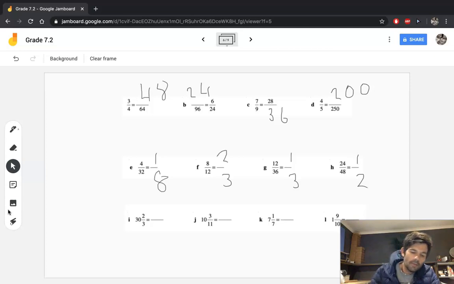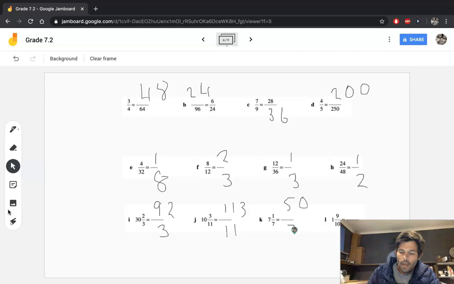So 30 multiplied by 3 is 90, and add the 2 is 92 over 3. 10 multiplied by 11 is 110, plus the 3 is 113 over 11. 7 times 7 is 49, plus the 1 is 50 over 7. And 1 times 9 is 10, plus the 9 is 19 over 10.